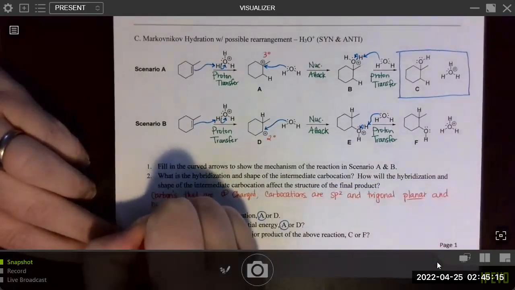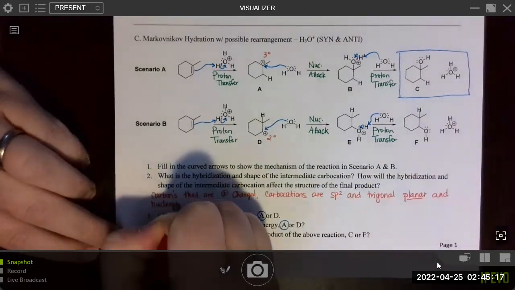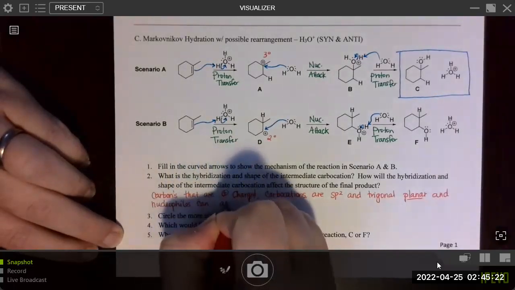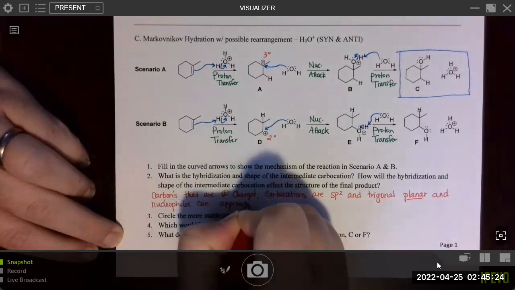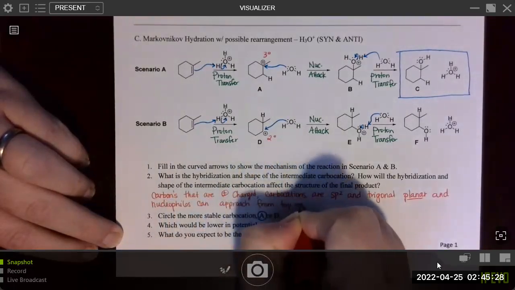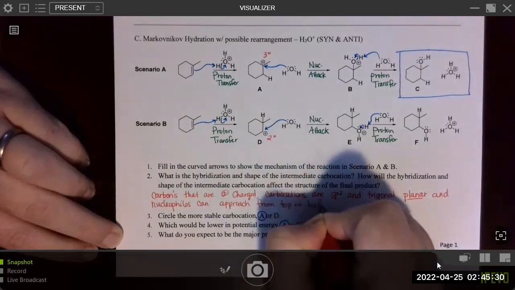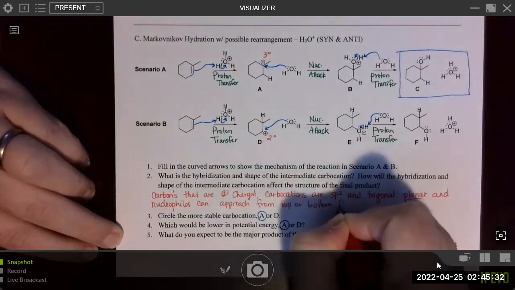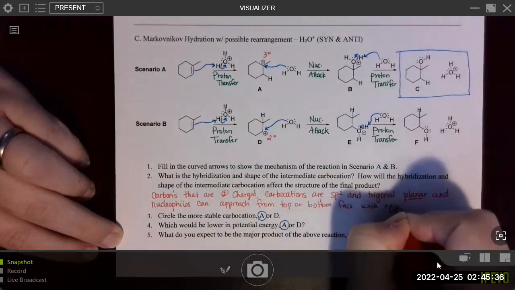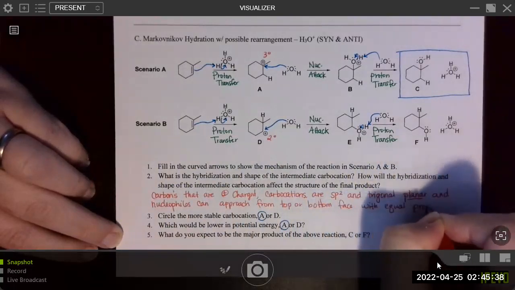And nucleophiles can approach from the top or bottom face with equal probability.